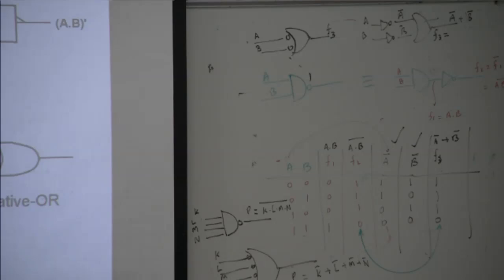Yes, please. What's the difference if we make the result of the OR gate negative? No, the output is the same, but the implementation is different. I mean the negative OR gate, versus the normal OR gate.